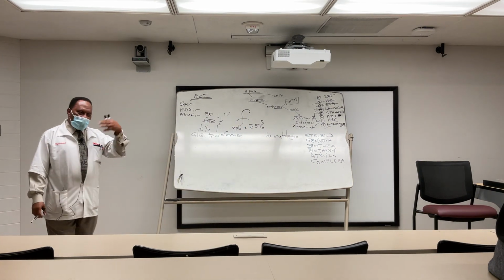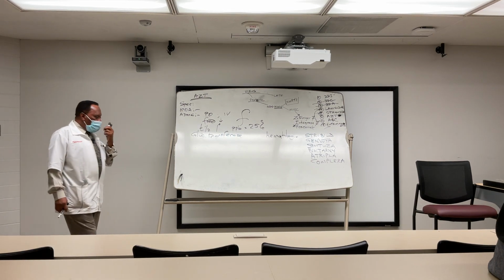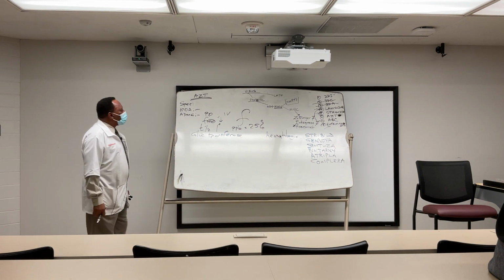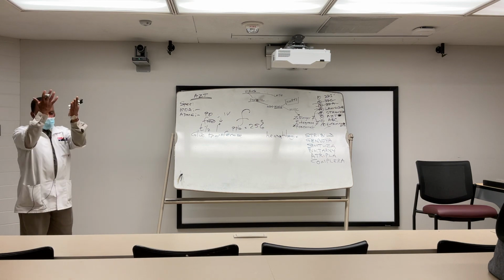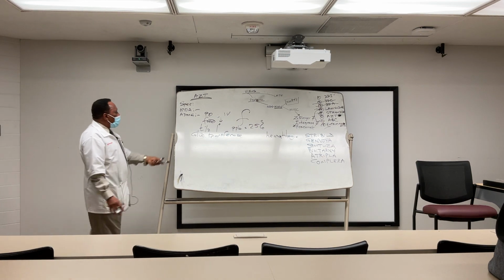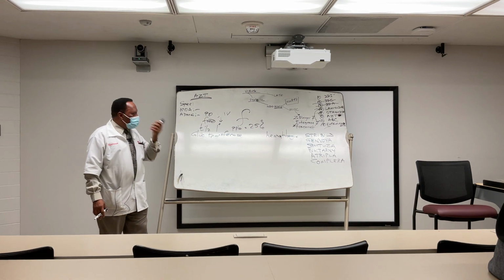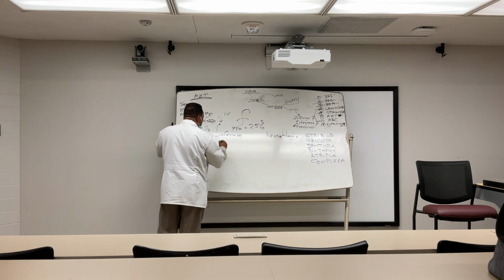Because AZT can cause granulocytopenia, it can cause bone marrow depression, so you get anemia. All of those will be elevated or enhanced if you give AZT concurrently with an inhibitor of that enzyme.